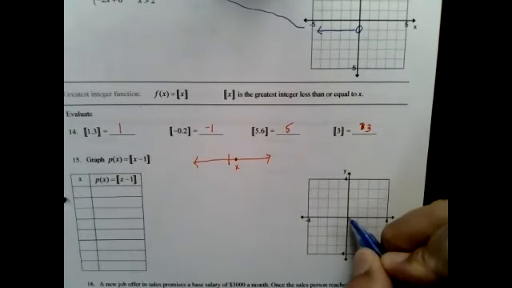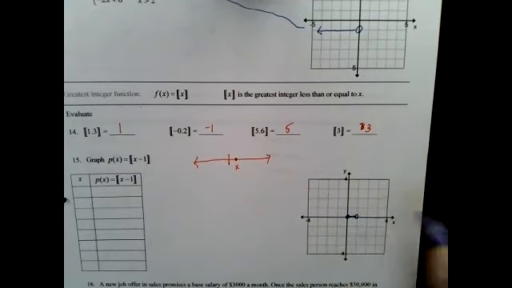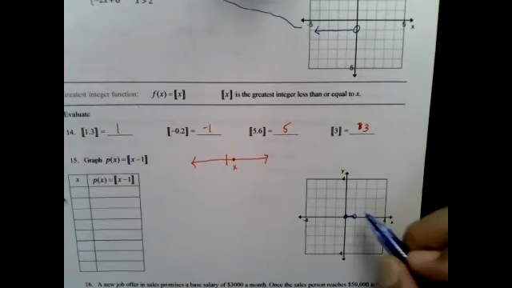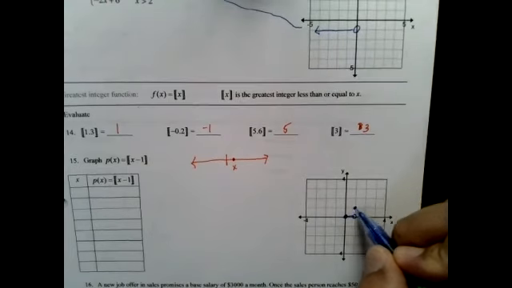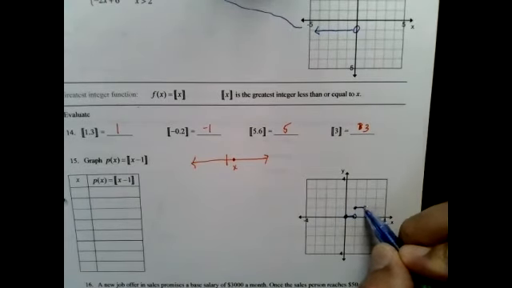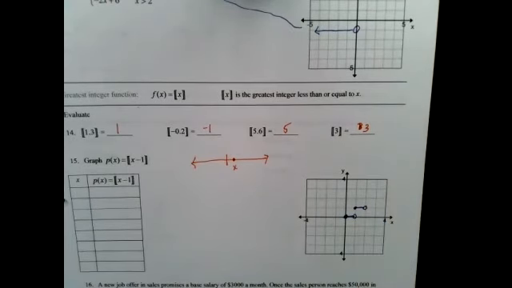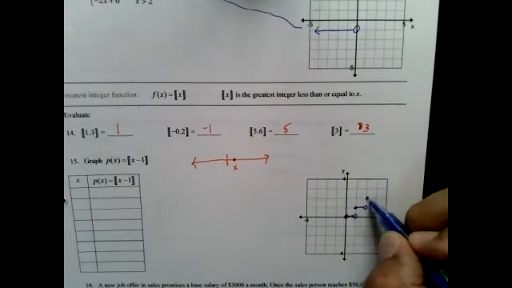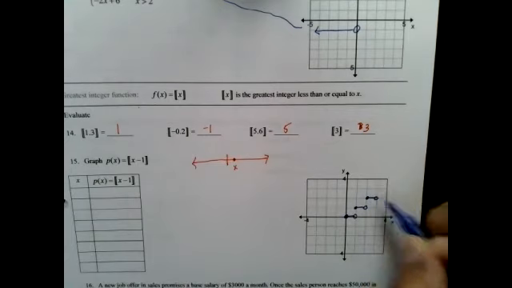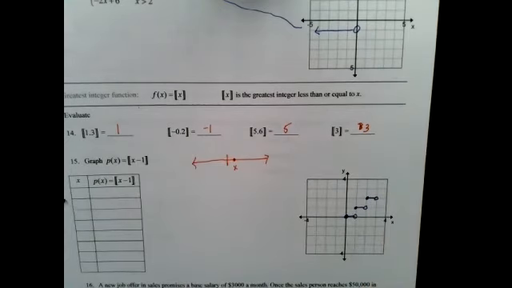So what does it look like? If I went to graph it, all of those would be 0. From 1 all the way up to, but not including 2, would be 1. At 2, it would be 2, 2.1, 2.2, 2.3, 2.4, 2.5, but not 3.